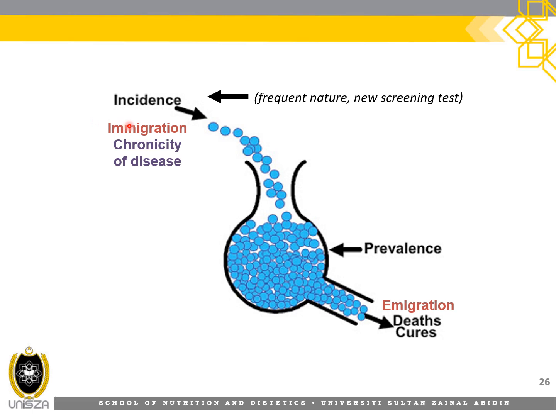Incidence is not just an increase or frequency of a disease, but whenever a new screening test is available, we can see an increase in the incidence. And immigration of people with the disease will also increase the incidence.